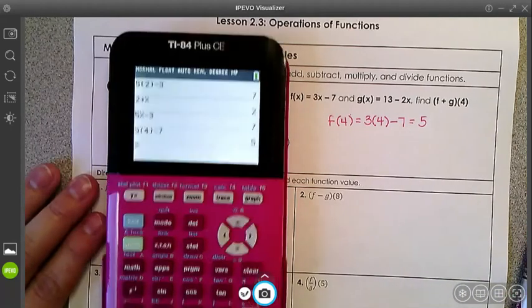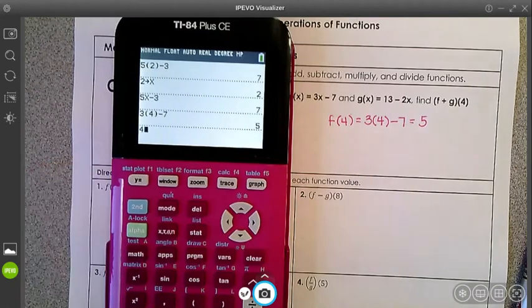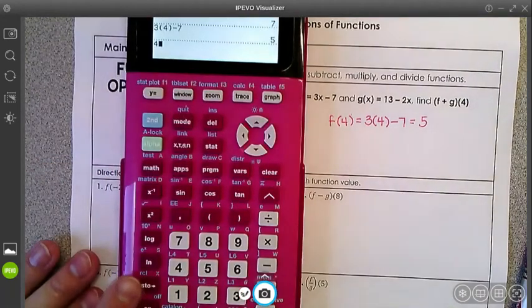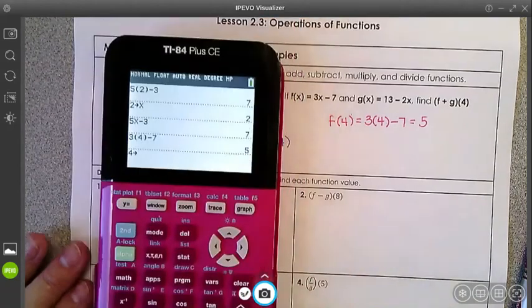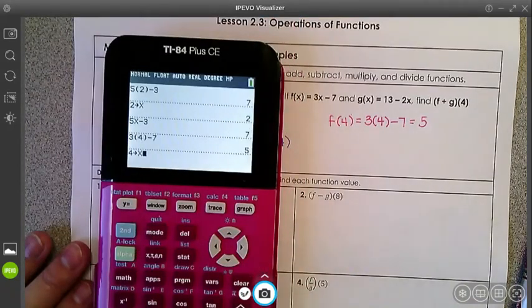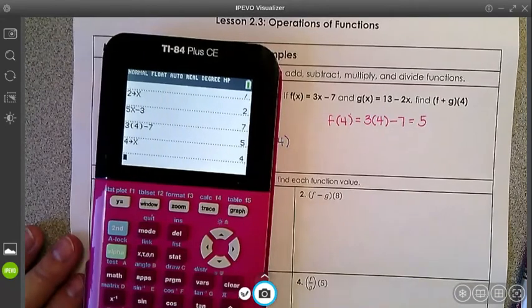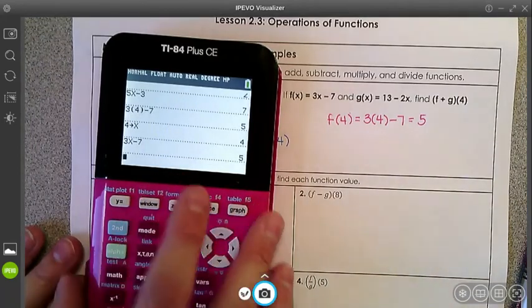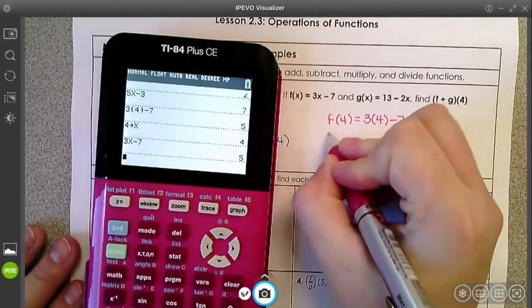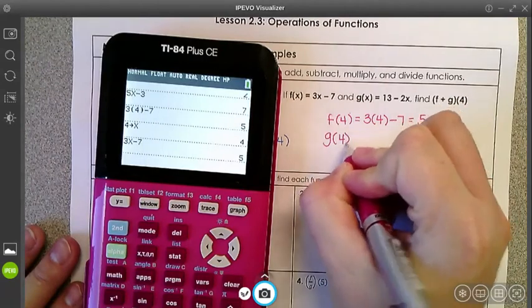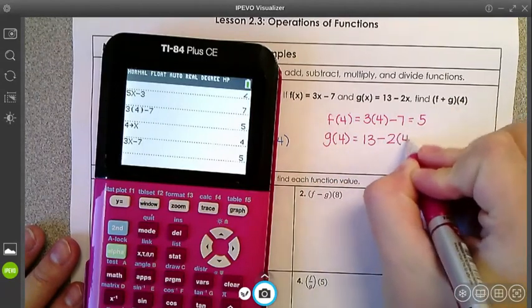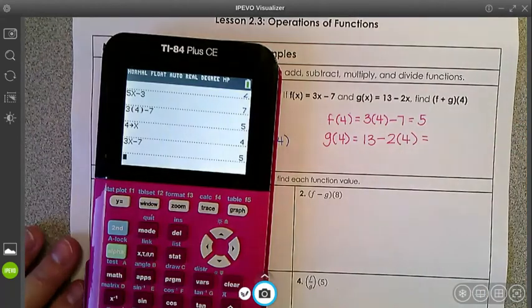So just a reminder, you type in 4, and then you click the store button, which is this one right here. You store that as X, hit enter, and then we type in 3x minus 7, and it gives us 5. Then we're going to do g of 4, which is 13 minus 2 times 4.